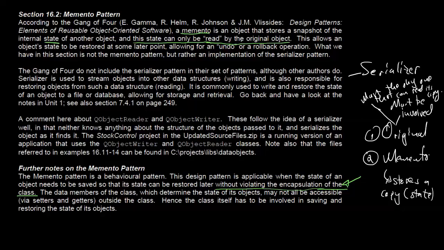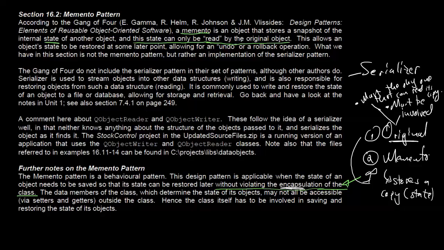I've squeezed things here, but these are the two main points that I want you to take away from everything that we have read. We've got the original object and we've got the memento. The original object is worried about encapsulation or privacy. It wants to make sure that once I've given my state to this memento here, can I still feel confident that nobody's going to tamper with it?